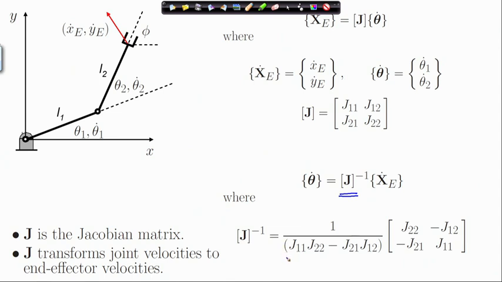In the inverse, we had this determinant sitting in the denominator, the determinant of the Jacobian in the denominator, and that makes it a little tricky. So, we must guarantee that this determinant should not vanish. If it vanishes, then the Jacobian matrix is singular.